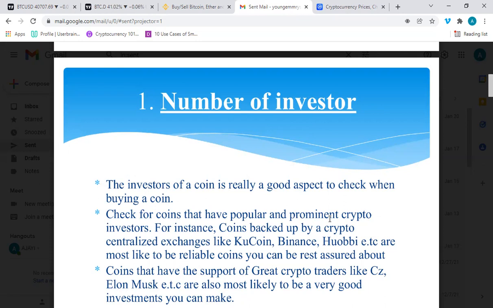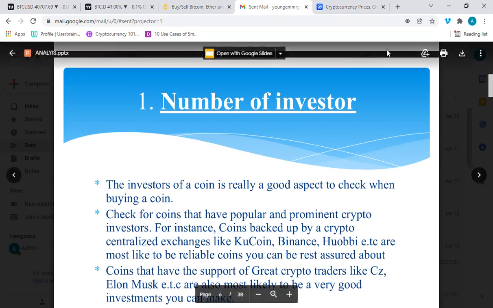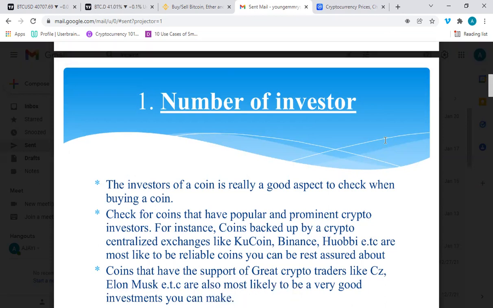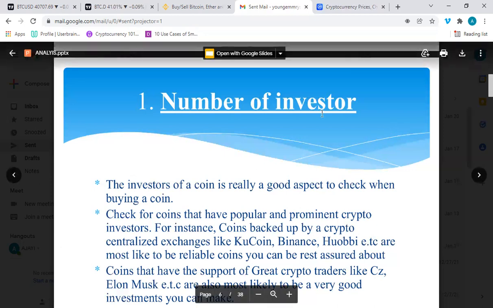Pardon me. The investors of a coin are a really good aspect to check when buying a coin. You check those that invest in this coin. Now, let me show you one thing. If they are very, very rich investors, and they are clamoring, saying yes, I'm going to buy this coin, it's actually a good buy for you.